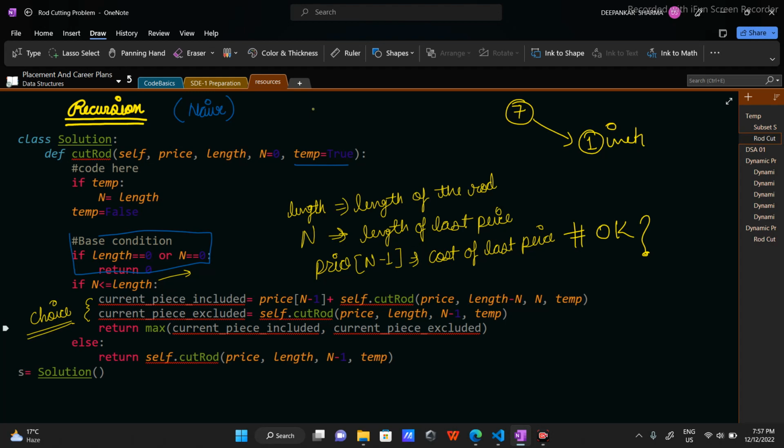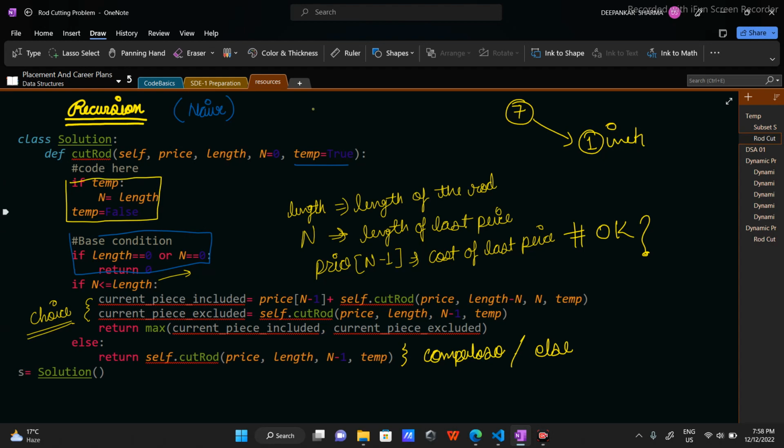So this is the choice, and this is the compulsory part. This is compulsory, because if I am not going to have it, this is the else part, because if I cannot have it, I will have to exclude it. So this portion is just because Python code does not work like C++.